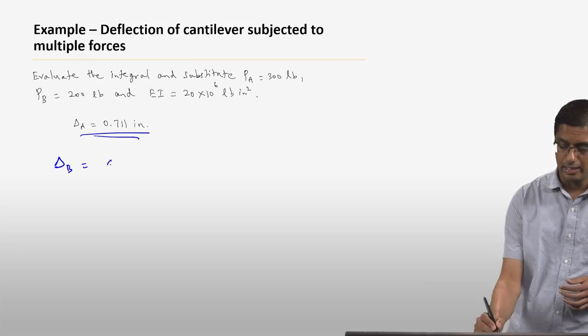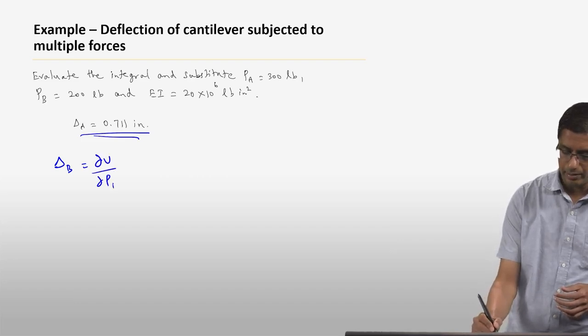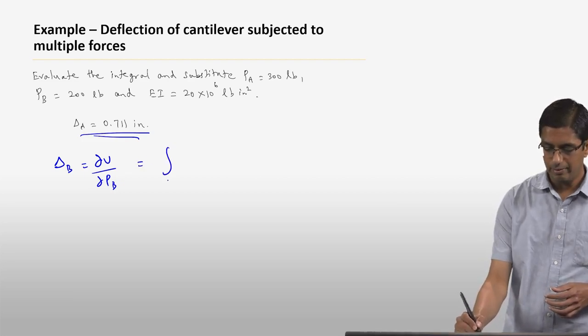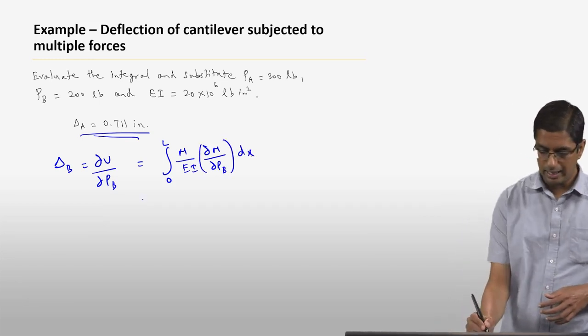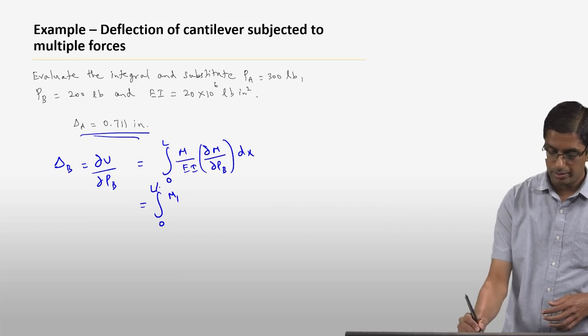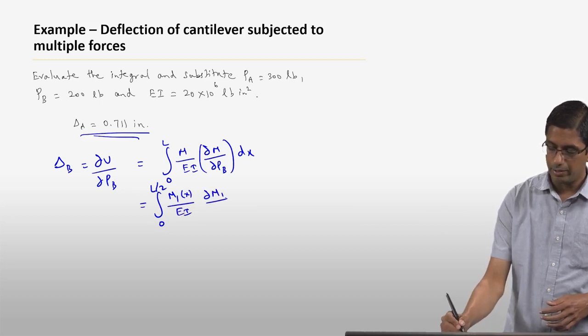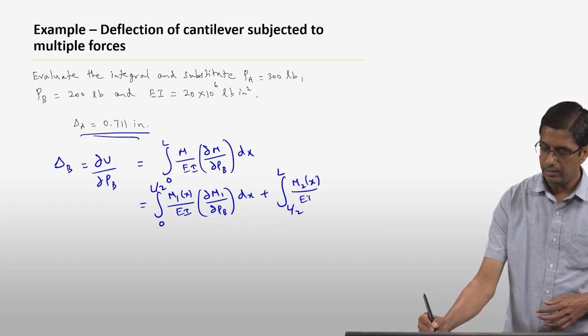So what you have to do is you have to find delta B, which is going to be del U over del PB, and that is going to be the integral from 0 to L of M over EI del M over del PB dx, and that is going to be nothing but the integral from 0 to L over 2 of M1 of x over EI times del M1 by del PB dx, plus the integral from L over 2 to L of M2 of x over EI del M2 over del PB times dx.